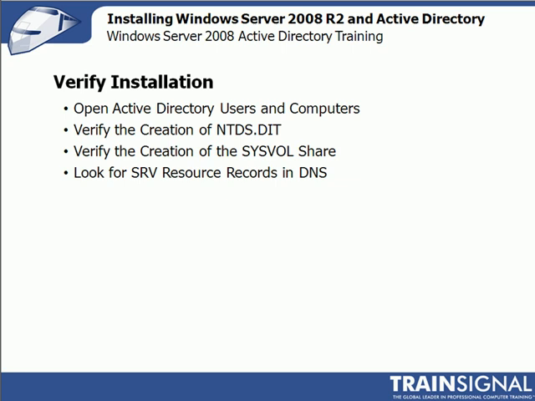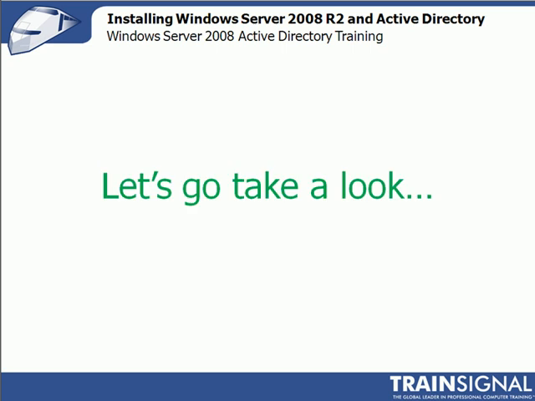We'll verify the creation of the sysvol share, which, by the way, is what is used for replication between domain controllers. And then we'll look for the presence of the SRV resource records in the DNS database. All right, well, let's go ahead and pop back over to New York DC1 and install Active Directory.